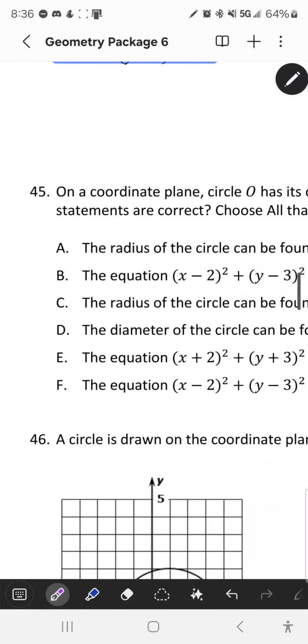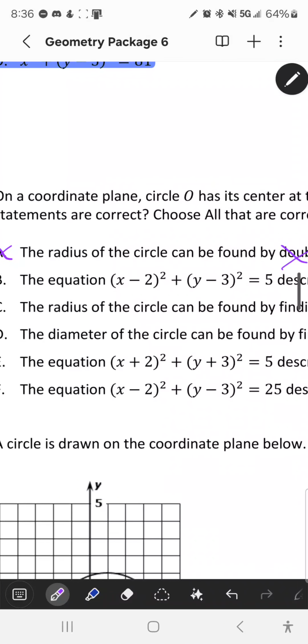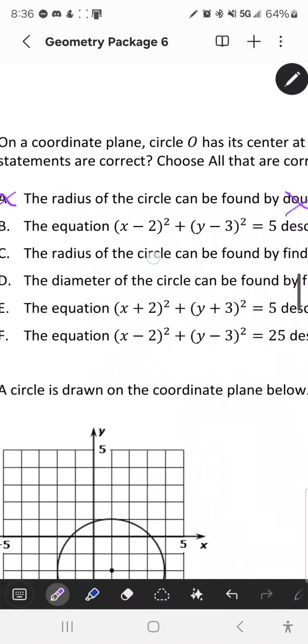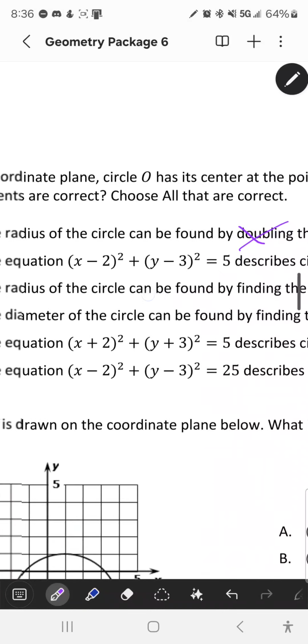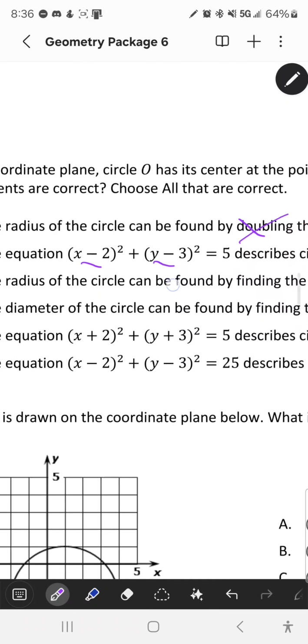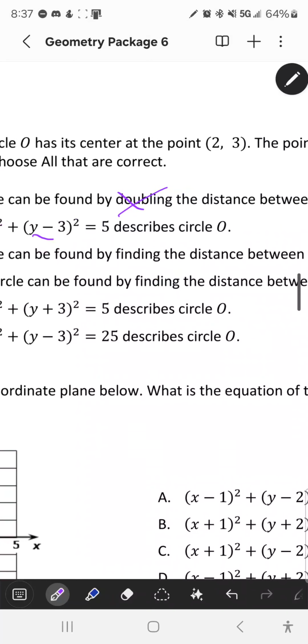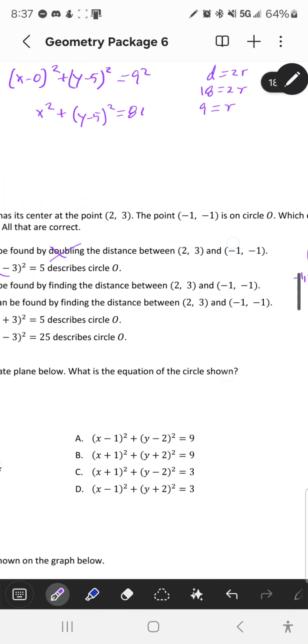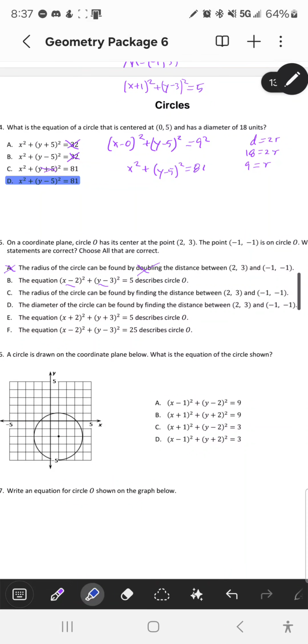So this is false. The equation describes the circle. Let's see. This is right, but we still don't know the radius, so we need to find that out. The radius of the circle can be found by finding the distance between 2, 3 and negative 1, 1. Yes, this is true.